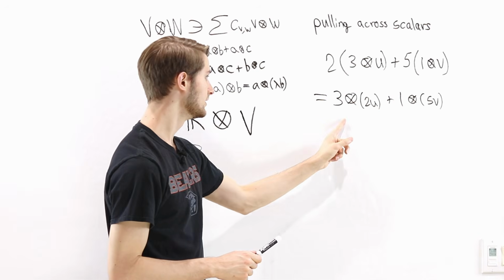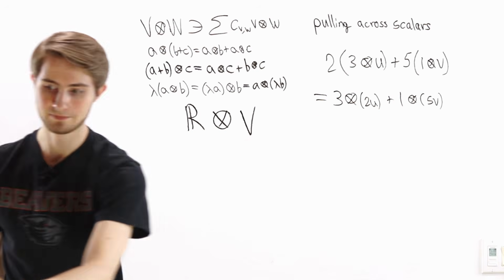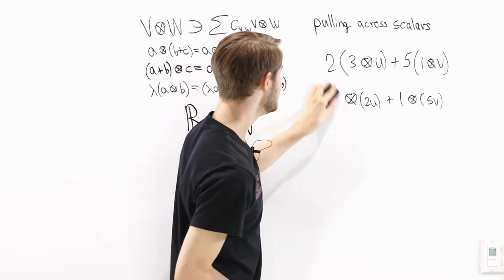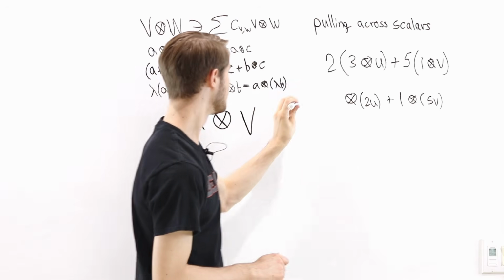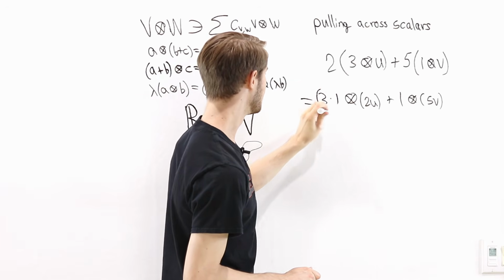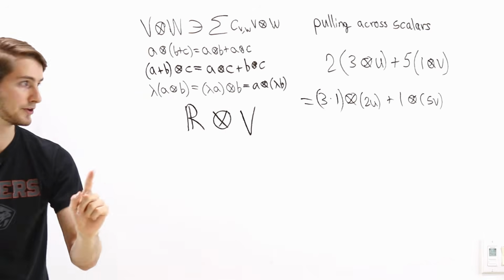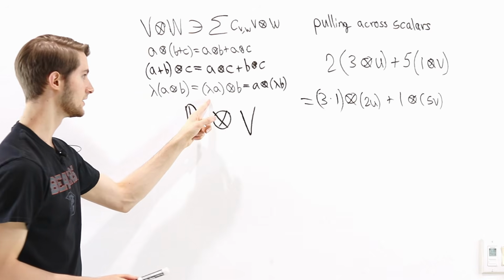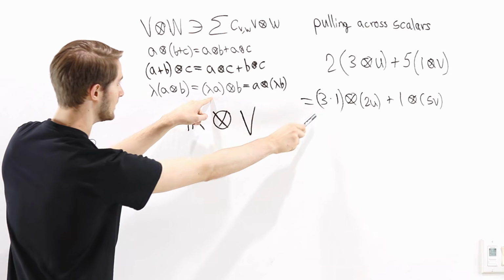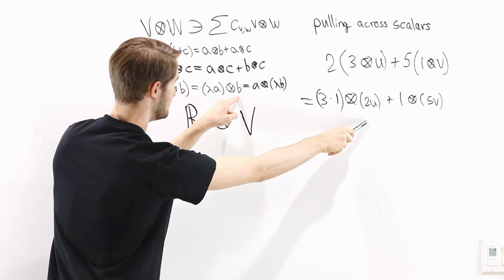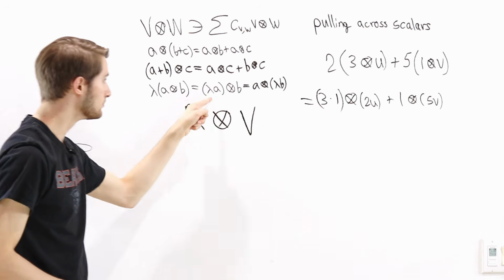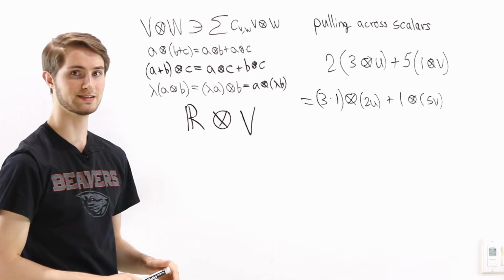But over here, we can write this 3 as 3 times 1. And this 3 in the front here is another scalar. It's another lambda. So what we're looking at here is lambda a tensor b. And we know again we can pull the lambda across to the right side.